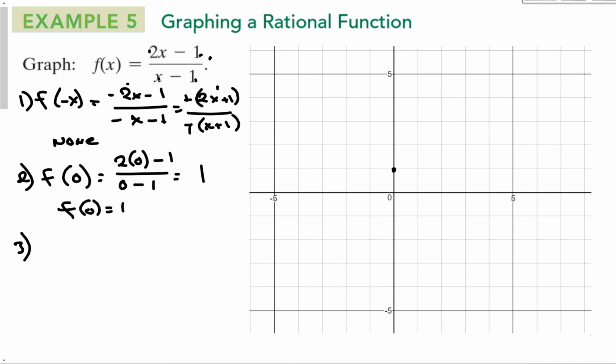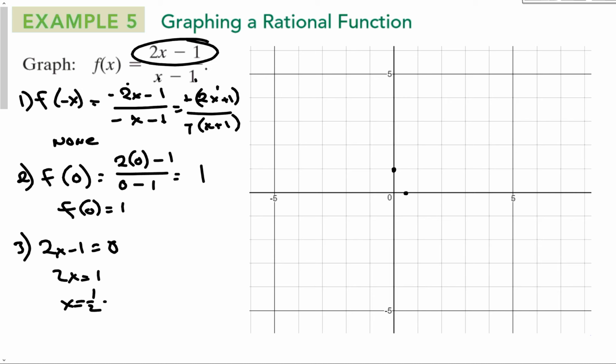In order to find the x-intercept, you take the numerator and set it equal to 0. So we have 2x equals 1, x equals 1 half. So the graph passes through the x-axis at 1 half, which only happens one time. So this graph is going to go through that point once.